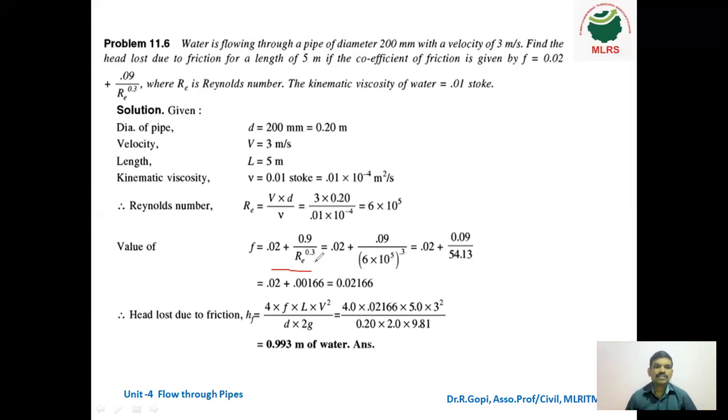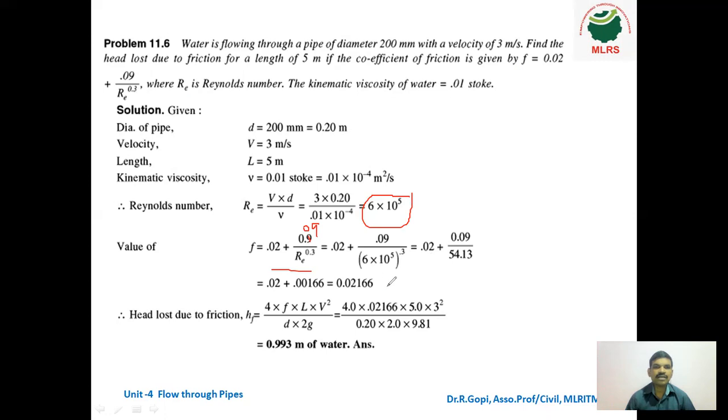So 0.02 plus 0.09, divided by 6 into 10 power 5, which we already found, power 0.3.